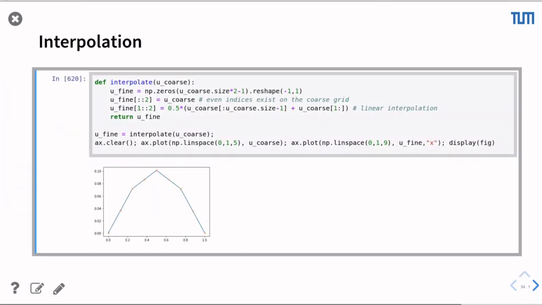Okay, so let's now have a look at what the function actually looks like. This is exactly the plot we saw before, but now I've put the function that's actually computing this in there as well. We take a coarse solution, here called U coarse, and we want to compute our fine solution, U fine. I just initialized it with a vector of zeros, just for convenience. And now all the even valued parts of the fine solution can just be taken directly from the coarse.